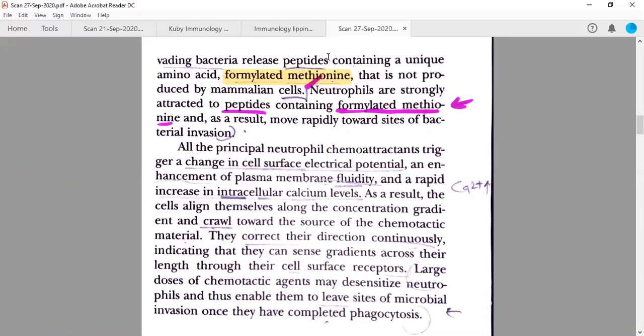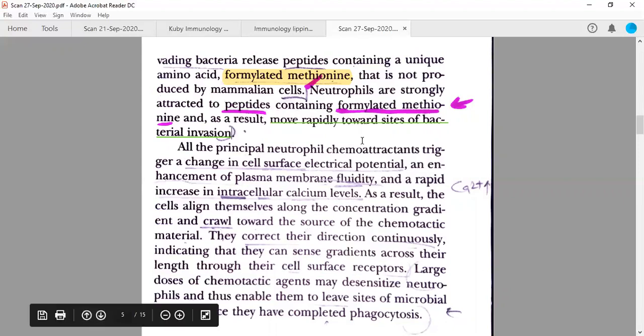So it will be recognized as not produced by mammalian cells, and therefore neutrophils are strongly attracted to the peptides having this formylated methionine. All right, so this is a kind of molecule which will attract these neutrophils so that they can reach the site of injury. As a result, they move rapidly to the site of bacterial invasion. They will crawl and reach very rapidly.